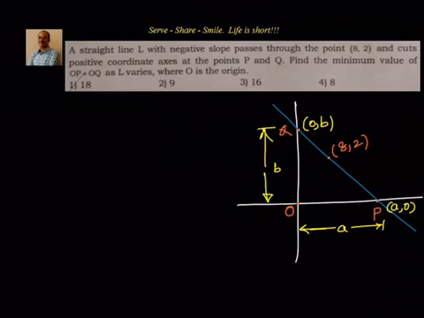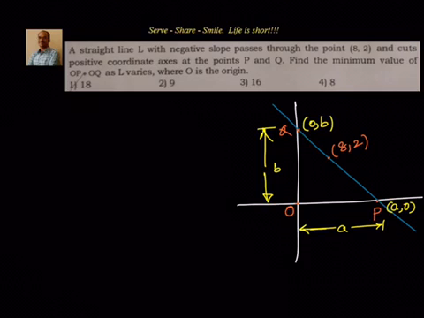Now let's go through the question again and see whether it makes sense. A straight line L with negative slope passes through the point (8, 2) and cuts the positive coordinate axes at P and Q. Find the minimum value of OP plus OQ as L varies. L passes through (8, 2), but it can vary, and O is the origin. We have to find out OP plus OQ.